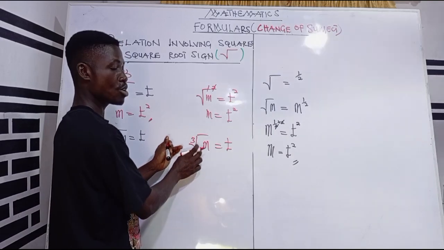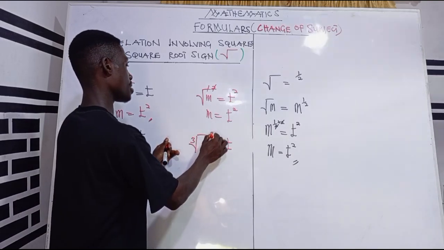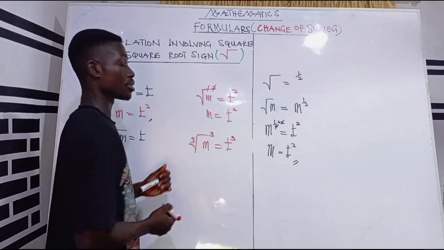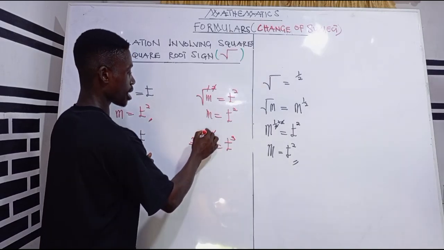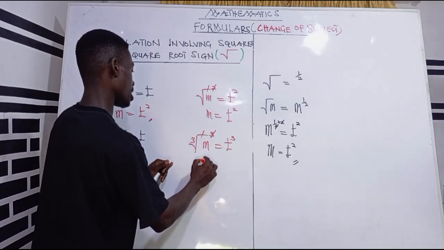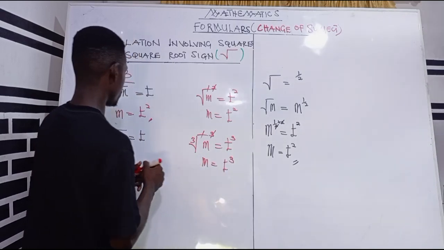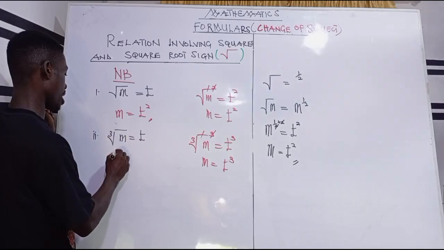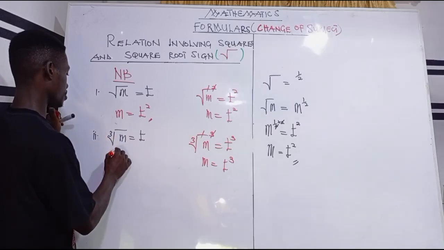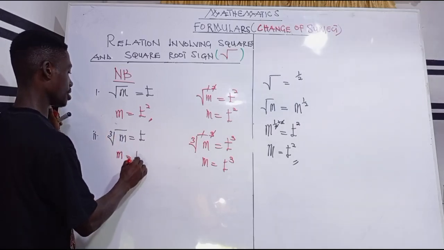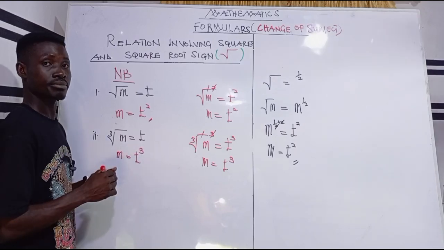To do away with the cube root sign, we raise both sides of the equation to a power of 3, so that this 3 will cancel the cube root sign. We are left with m is equal to t power 3.